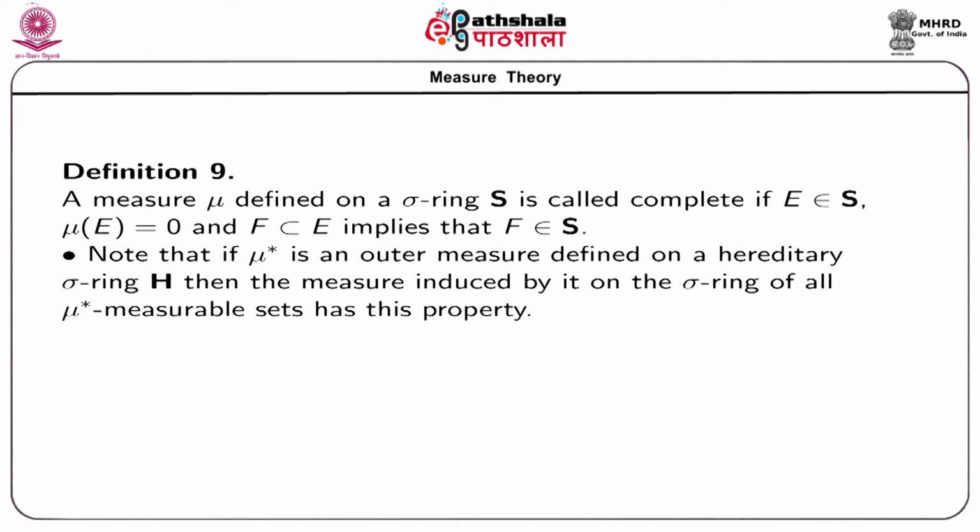Note that if mu star is an outer measure defined on a hereditary sigma ring H, then the measure induced by it on the sigma ring of all mu star measurable sets has this property, and we have already mentioned that the Lebesgue measure is a complete measure.